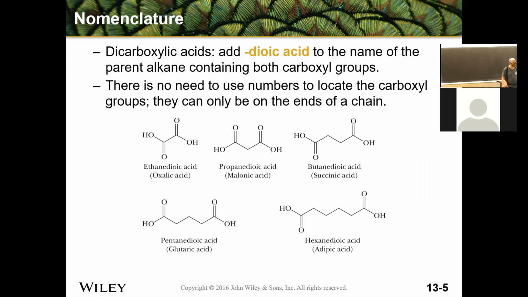Dicarboxylic acids, we would add the suffix dioic acid. So this is ethanedioic acid. We could say 1,2-ethanedioic acid, but we don't need to because the carboxylic acids have to be at the end of a chain.